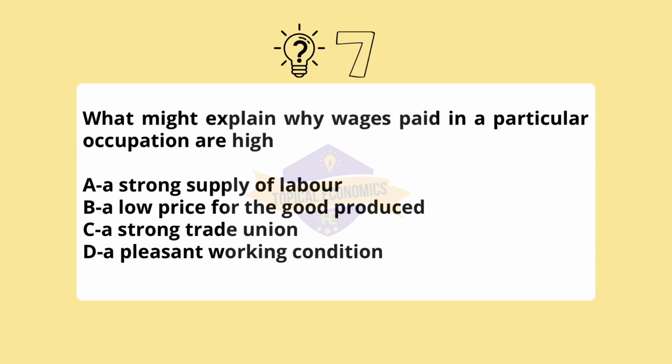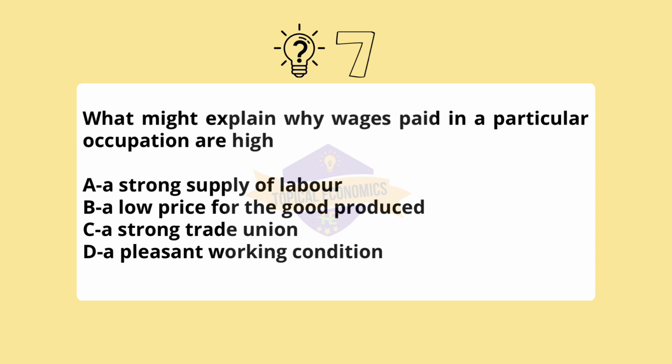So when we look at these options and we see the question, a strong trade union can negotiate better wages for its members through collective bargaining. Unions can leverage their collective power to secure higher pay, improved benefits, and better working conditions.